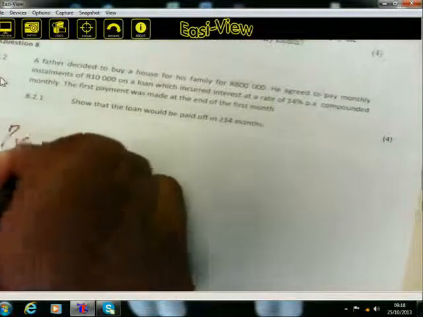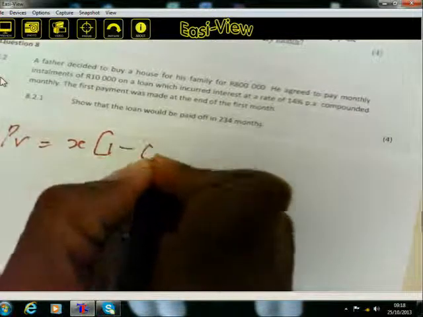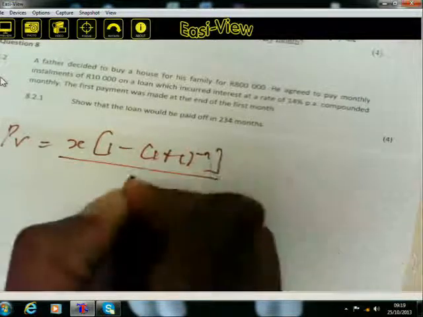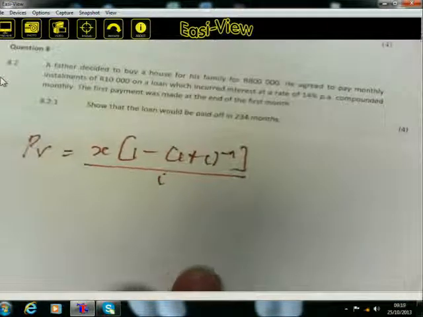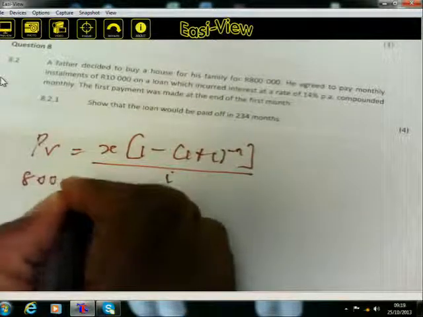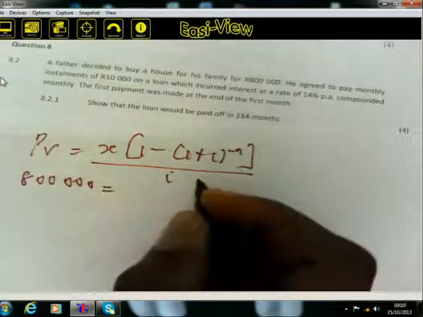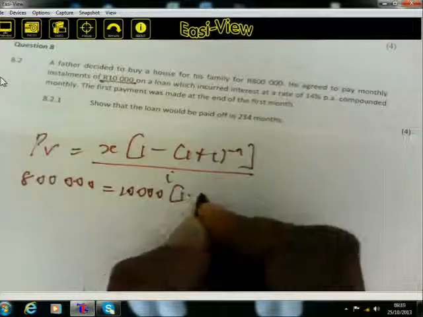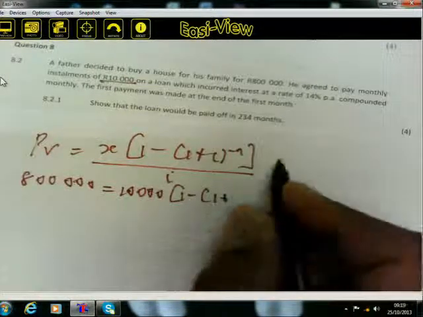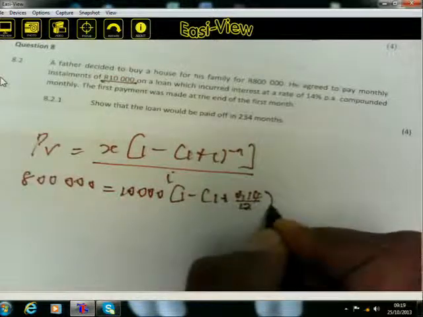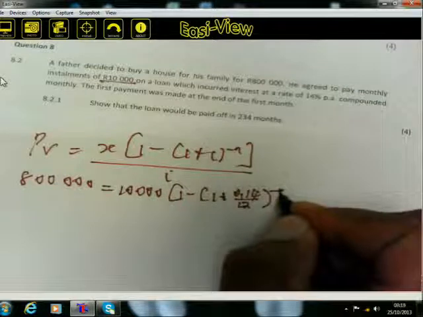The formula that we know is x times 1 minus (1 plus i) to the power negative n, divided by i. What is the present value? That is the loan of 800,000, which is equal to the monthly payment, which is 10,000, times 1 minus (1 plus 0.14 divided by 12) to the exponent of negative n.